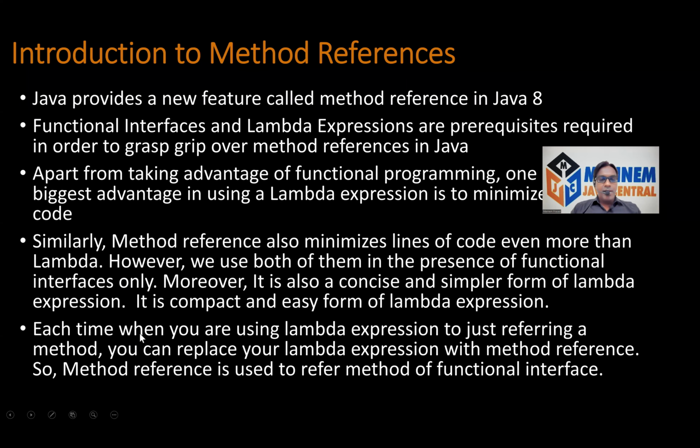Next, each time you are using a lambda expression just to refer to a method, instead of writing the lambda expression in all the classes, you can replace it with a method reference. You need not write a lambda expression in all the classes. Write one reference method and refer to that method from the functional interface wherever you need.